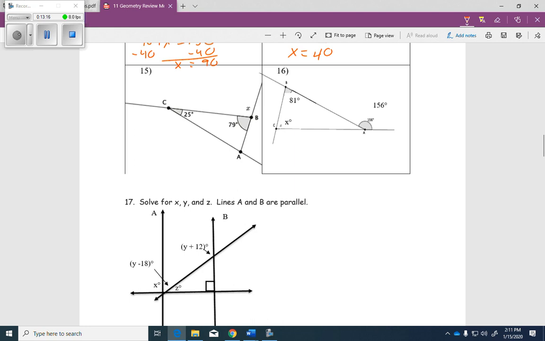They want angle x, and I notice there's a straight line right here, which means there's a linear pair. 79 and x should make 180, so I could just do 180 minus 79 to get 101. I didn't need this 25. And number 16, I'm going to do the sum of the interior angles equals the exterior, so x plus 81 equals 156.